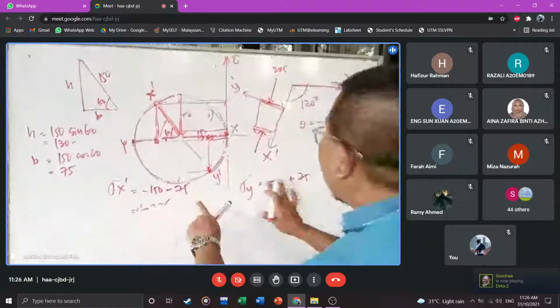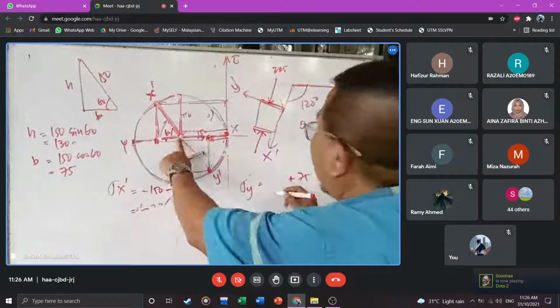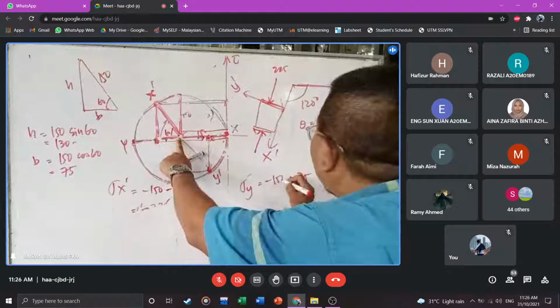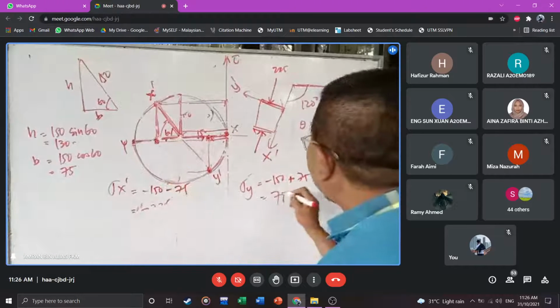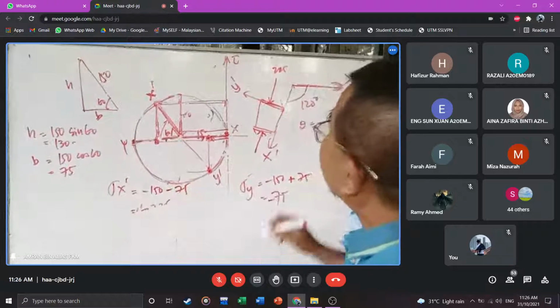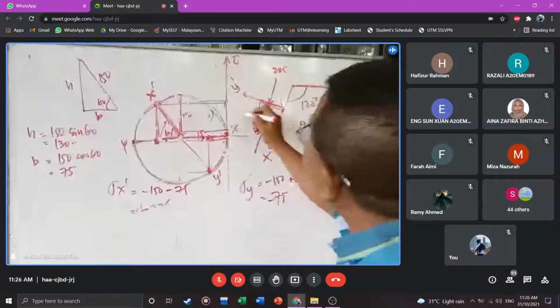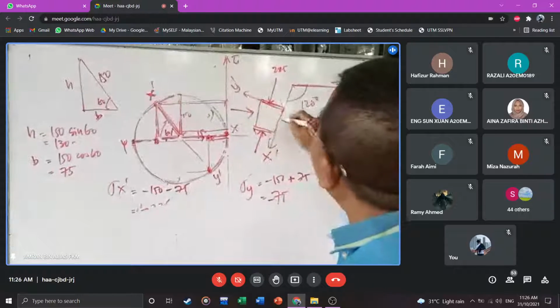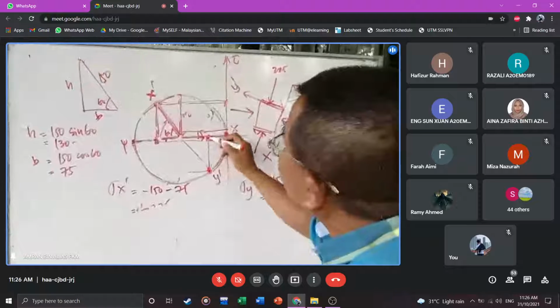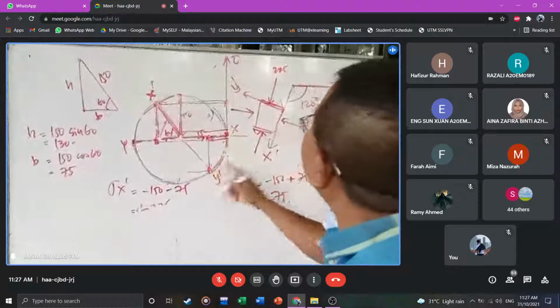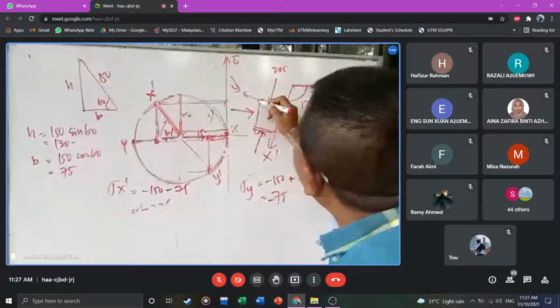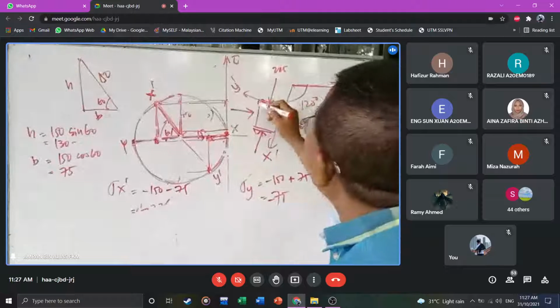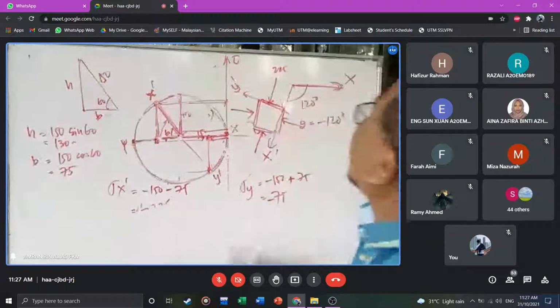So that is minus 150. Go to that 75. So the 75 is negative. Your sigma is still negative, but 75. And the shear value here is negative. So negative is that. There we are.